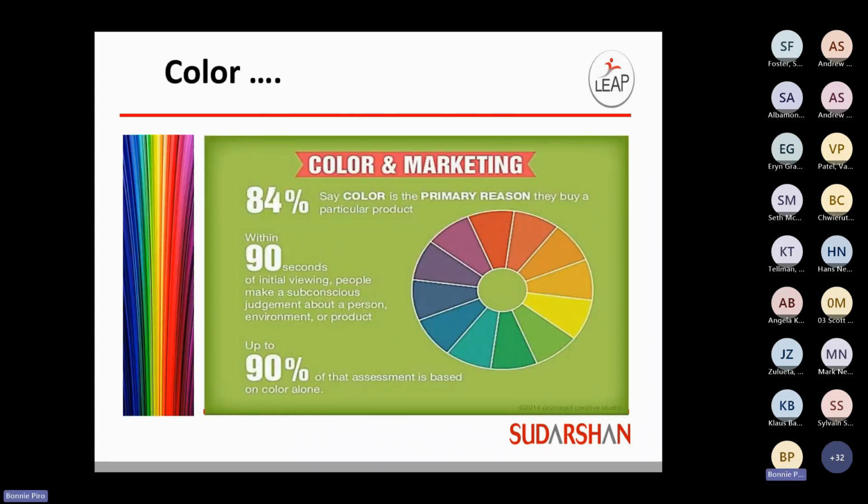Color and marketing go hand in hand. Many of you may have worked with your own color marketing group to develop the colors needed for your ultimate products. There have been surveys over the years that tell us a lot about the role that color plays in marketing.